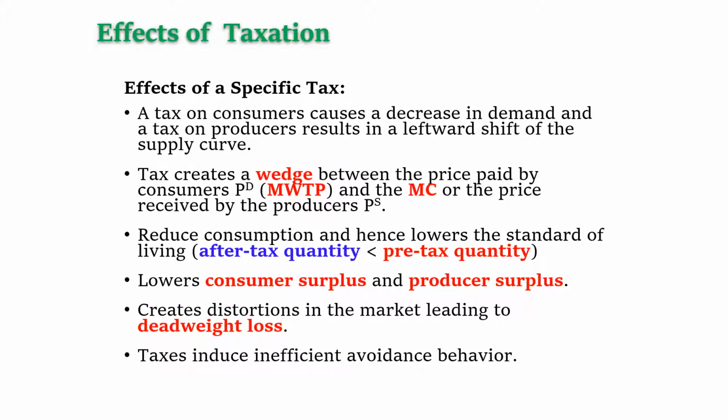It's not going to buy more because the price has increased because of the tax. So there is a decline in the standard of living. In other words, the consumer surplus has reduced because of the increase in price due to taxation.